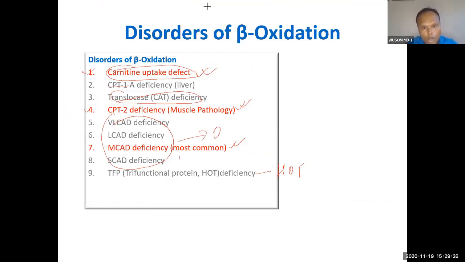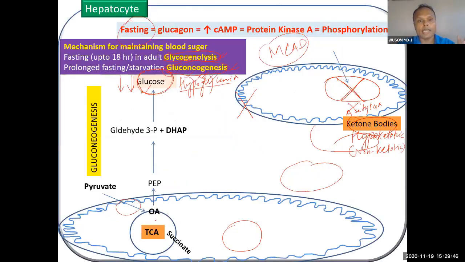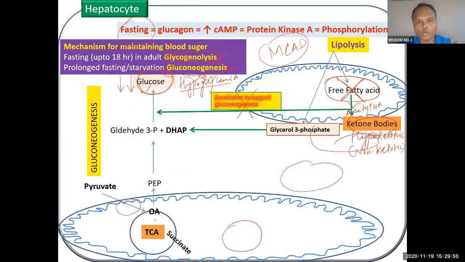Hypoketotic hypoglycemia is a very common feature of all of them. I wanted you to remember this because the question comes for MCAT deficiency. I wanted to give you general understanding as well as specific understanding to solve your question.